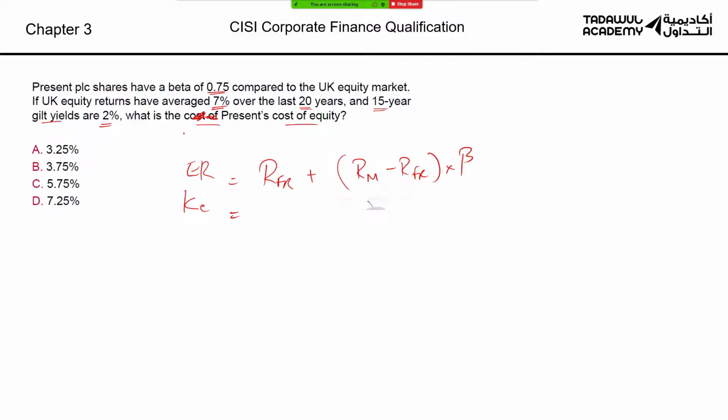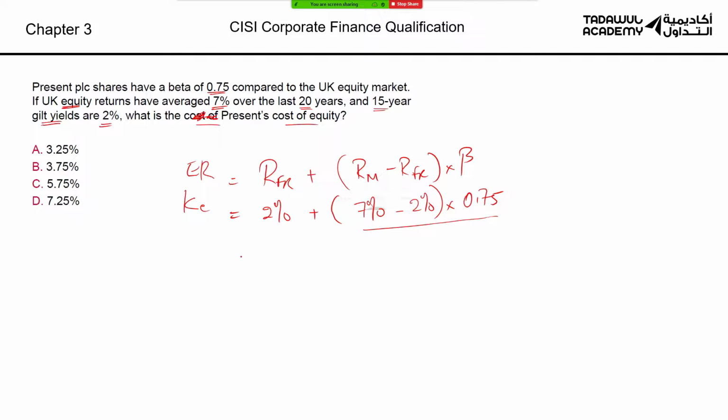The risk-free rate, gilts, just like we covered in chapter 1, are UK government bonds. So they're returning 2%. And the UK market has averaged 7%. So that's the return of the market, minus the risk-free rate again, 2%, times the beta of the stock, 0.75.